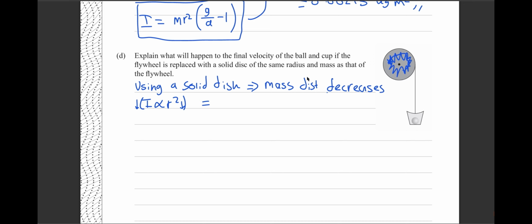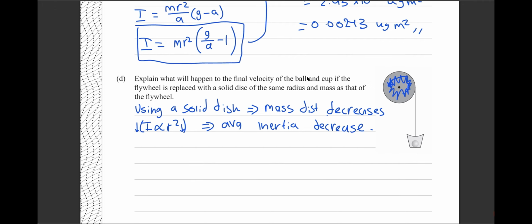So what this means is that your average rotational inertia, but we'll just keep it to inertia for now, will decrease. And so we can use a similar result from before, right?